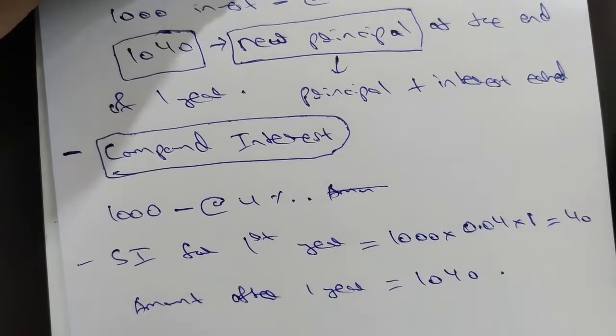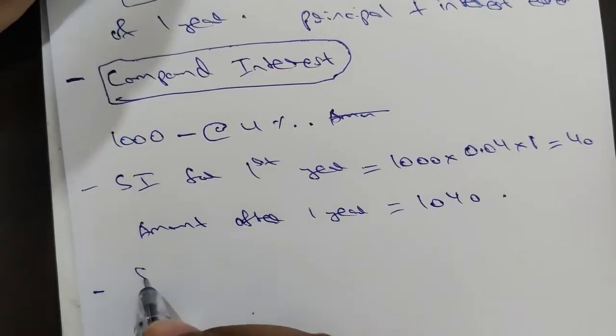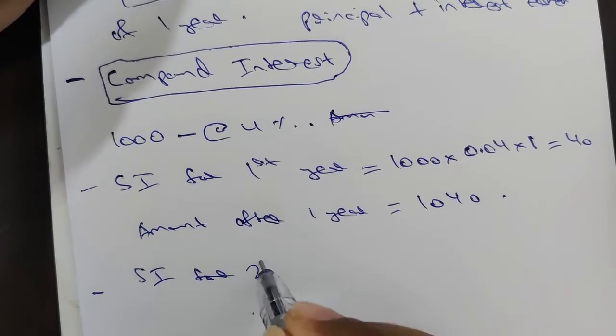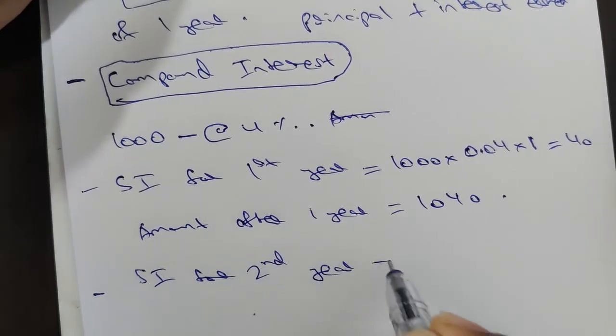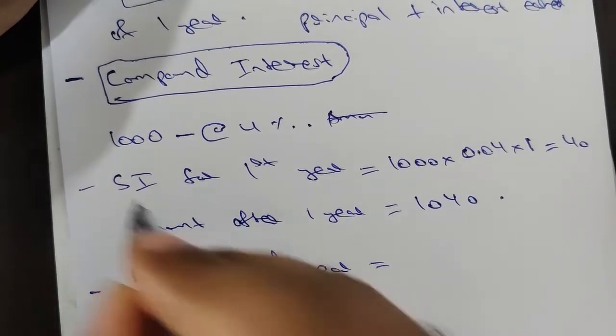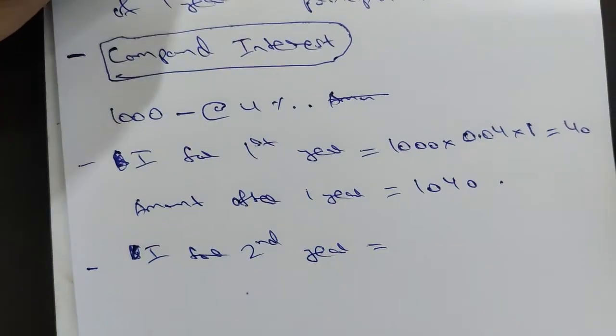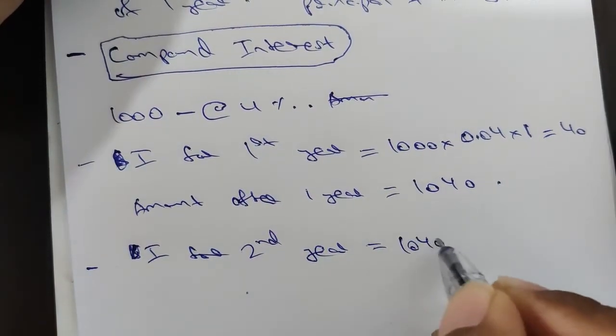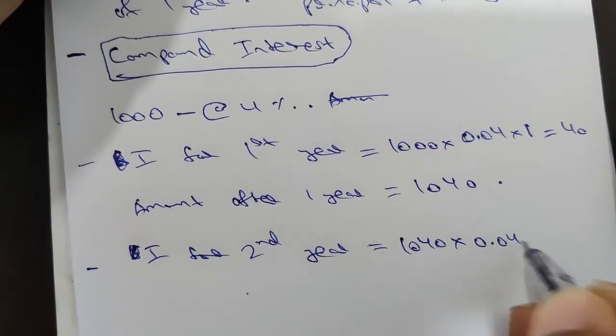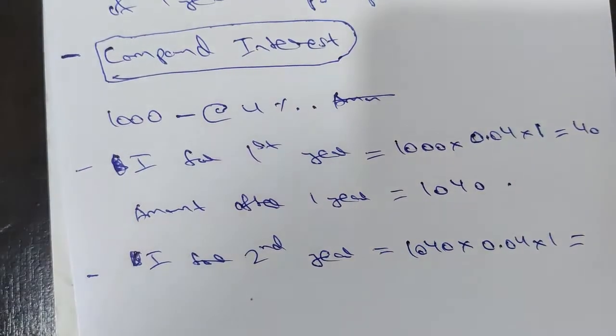So amount after 1 year, 1040. What would be the interest for the second year? Let's not call it simple interest, call it interest. 1040 into 0.04 into 1.